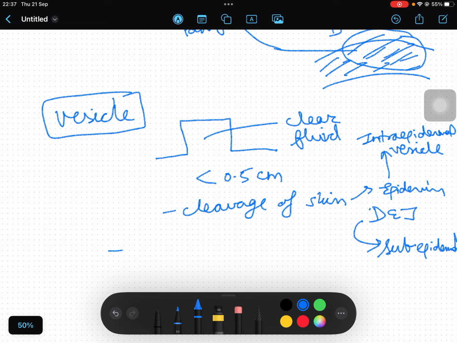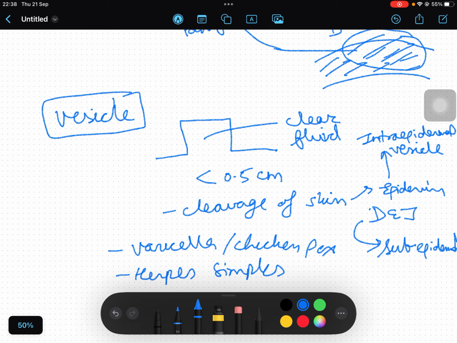We can see vesicles in case of varicella, that is chickenpox, herpes simplex, as well as zoster.